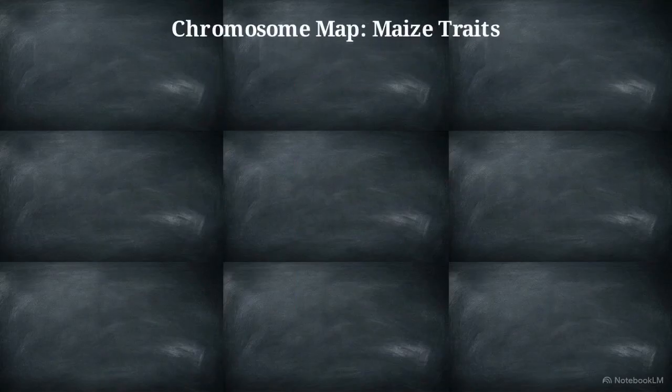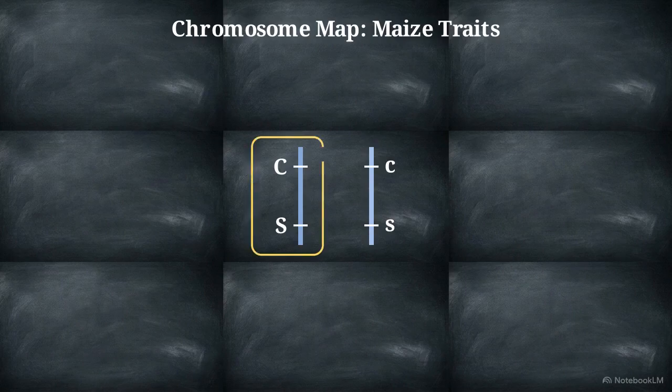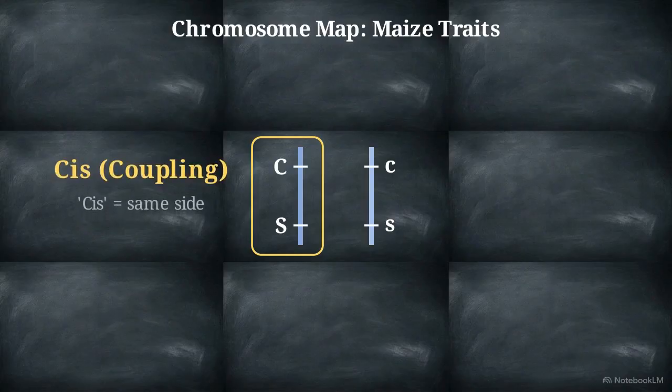Let's look at the first common arrangement on this chromosome map, using maize traits, C for color and S for shape. Here, both dominant alleles are grouped together. This is called the cis or coupling arrangement. Cis means same side.